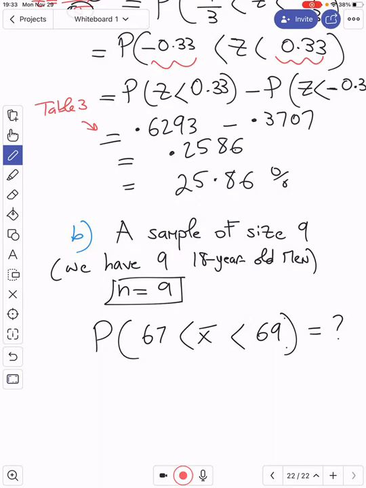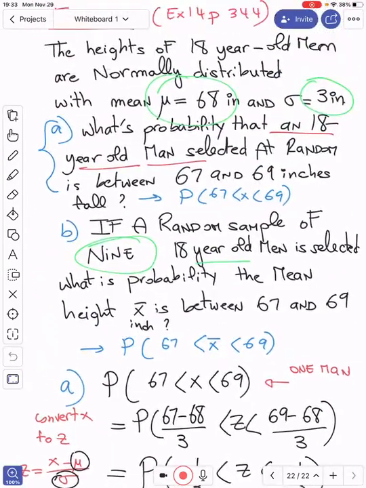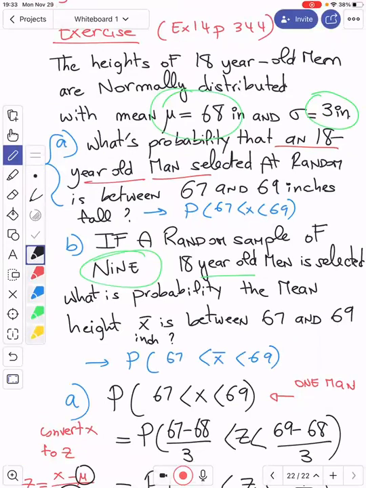But first, what's the mean of this normal distribution, the distribution of x bar? The mu of x bar is the same as the mu of x, the mean of the population, which is 68.